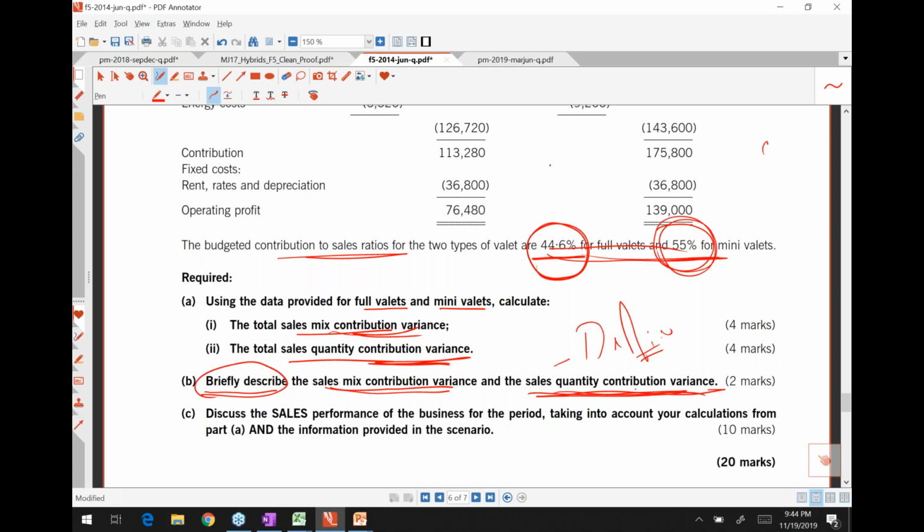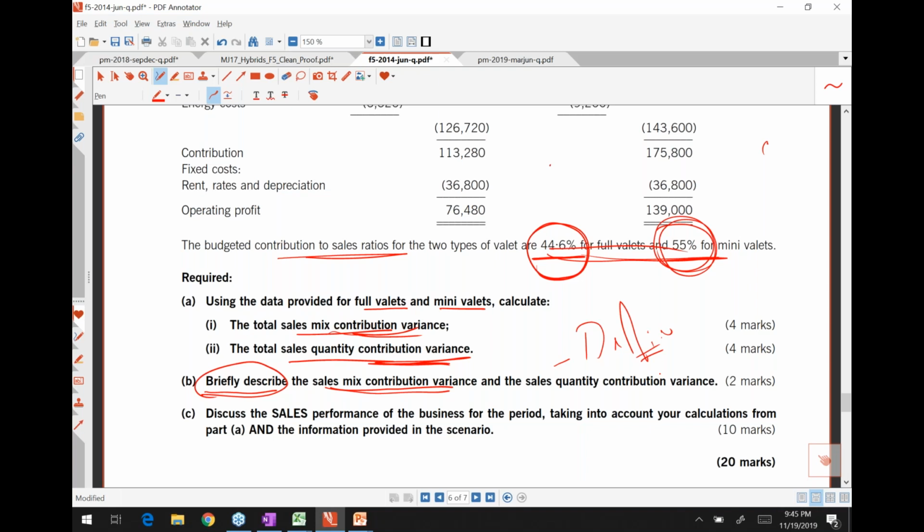These are the objects. Now, is this knowledge based or application based? Everyone, knowledge or application? Yeah, this is knowledge based. Simple. You have to write the definition.